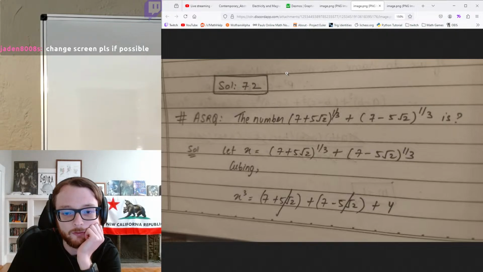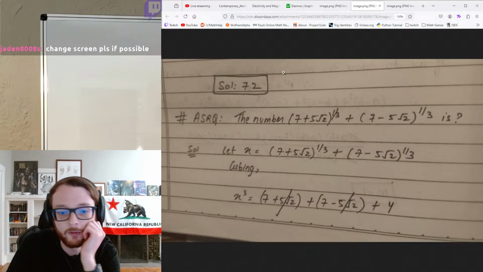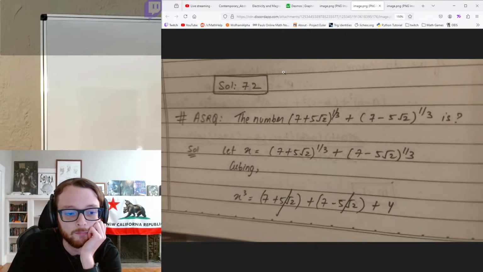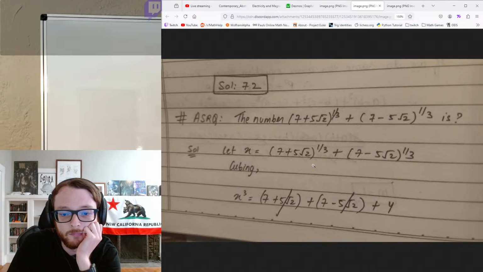Oh, so it's just like a similar problem. What? That's not what you get from cubing each side, though.